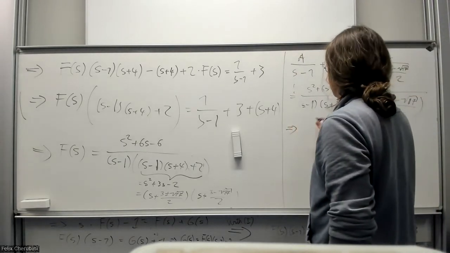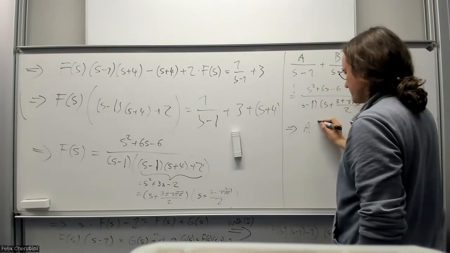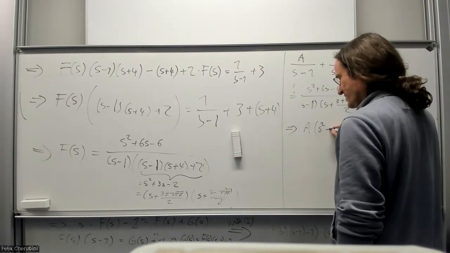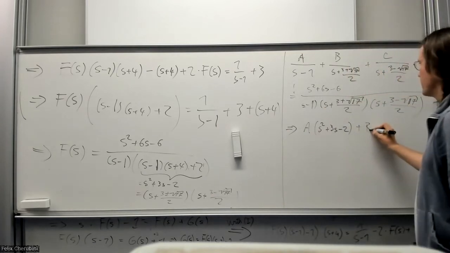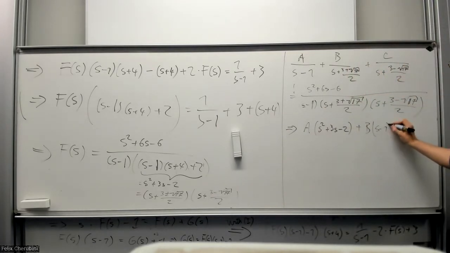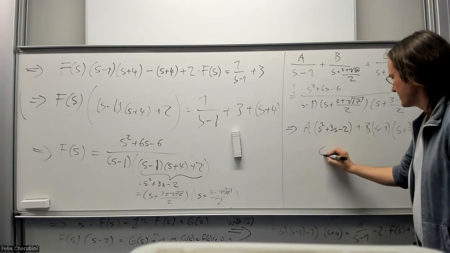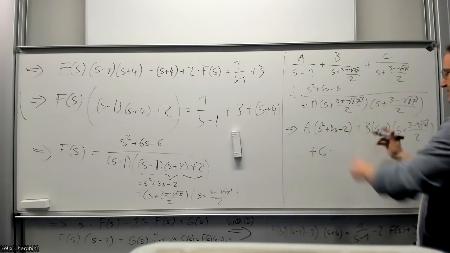So, and I get these two factors here. I'll just use their product, I guess, because it's simpler. B times this minus 1 times this factor. And C times the first two.